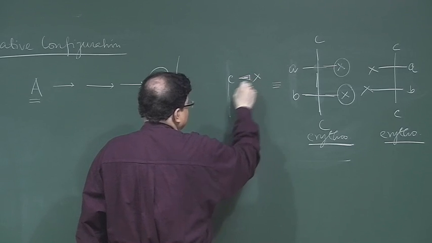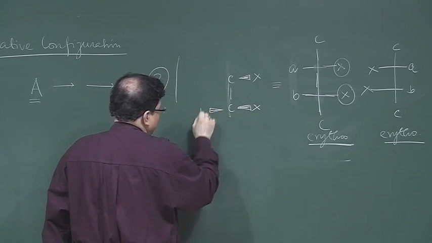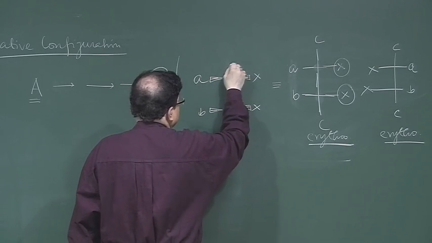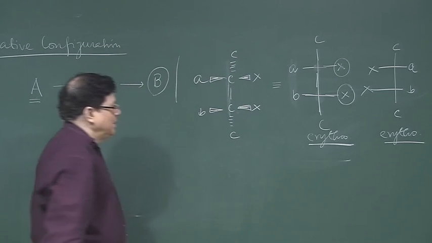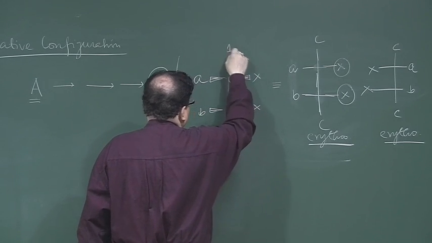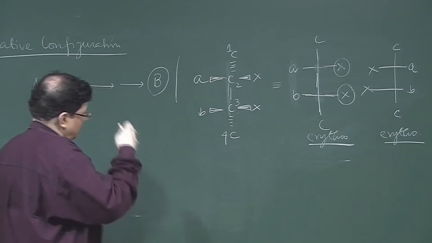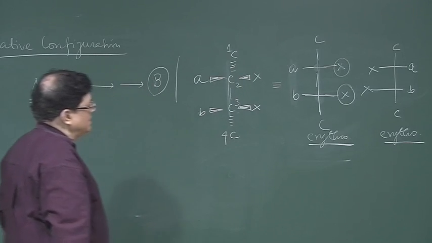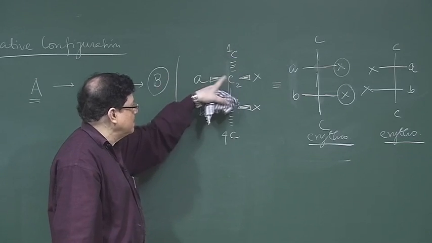So, this is X, this is X, this is B, and this is B. Sorry, this is A, and this is the alpha carbon, and this is the alpha carbon. That is the wedge formula. You also number it. Suppose this is carbon 1, this is 2, this is 3, and this is 4. Now, how do you convert it into the Newman? You look along the C2-C3 axis, or C3-C2, vice versa. Either you look from this side or from this side.